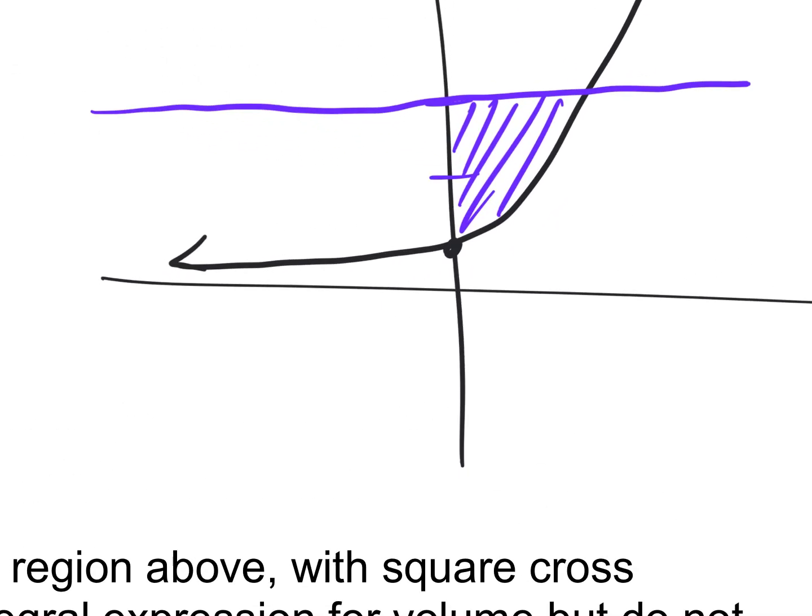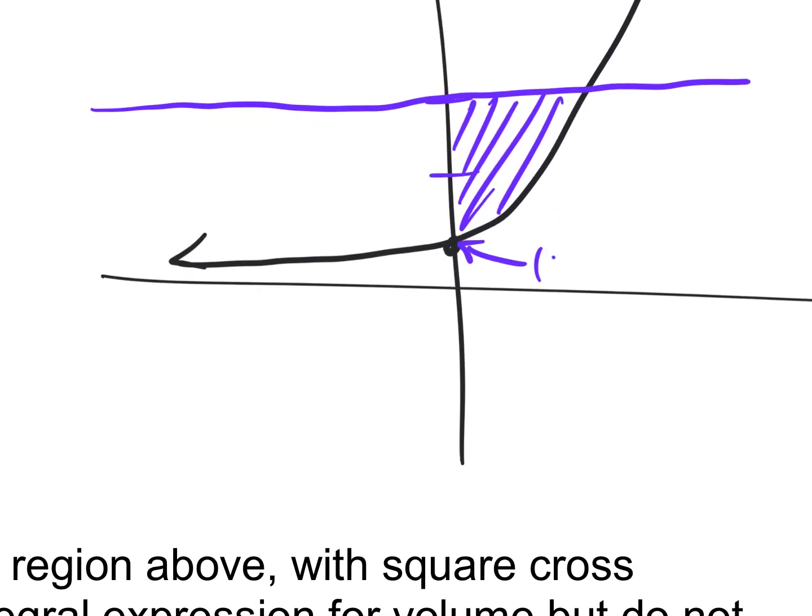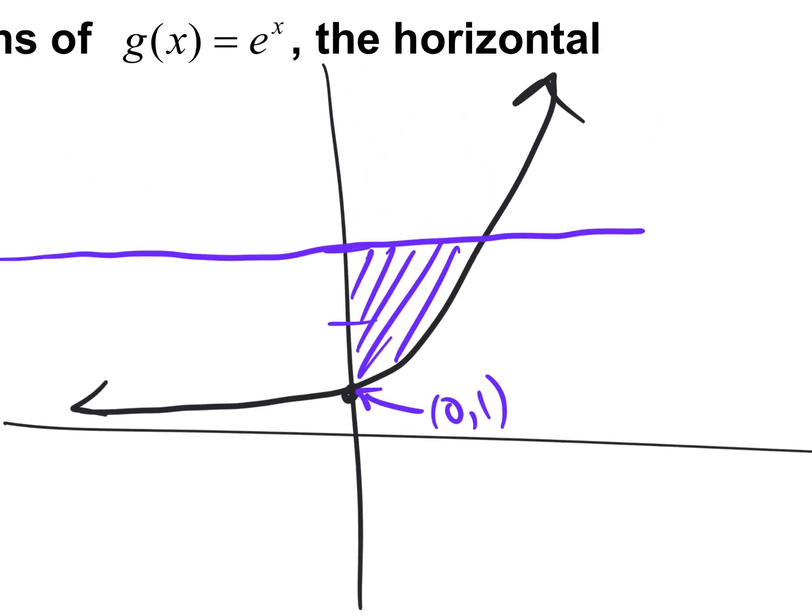This point right here, we know what this point is. That's 0, 1, because I know where that intersects, right? What about this one over here? I know one part of it. Do I know the x or do I know the y? We know the y is 3. What's the x?